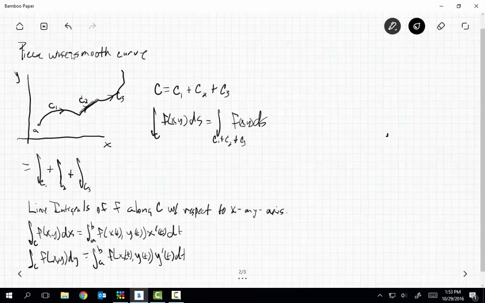Now sometimes, particularly in physics, you'll see it where you're dealing with both the x and the y axes. In other words, you're taking line integrals with respect to both x and y. And we're going to change some notation here, but this notation is going to haunt us for quite a while through vector calculus. Okay?